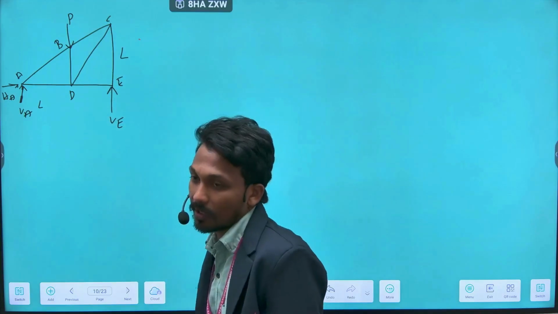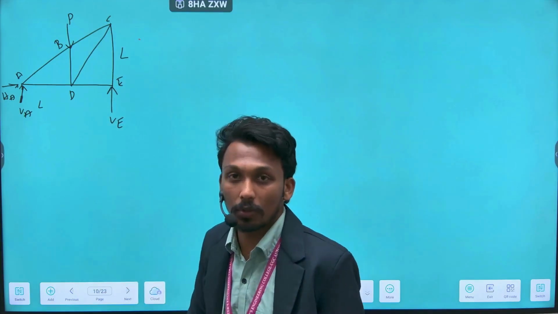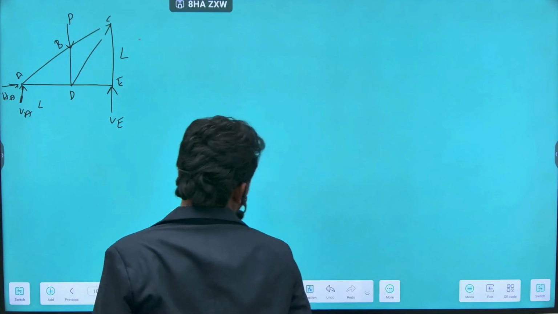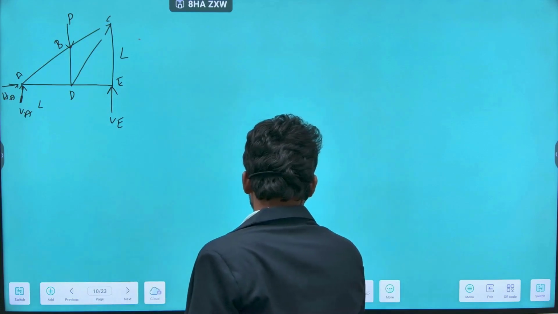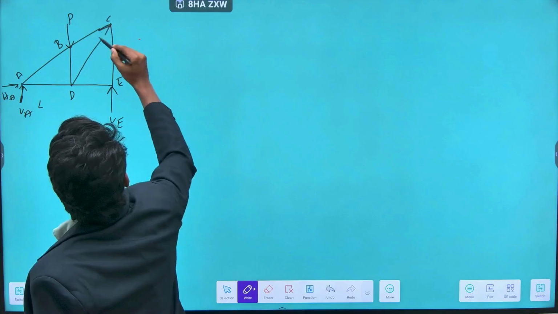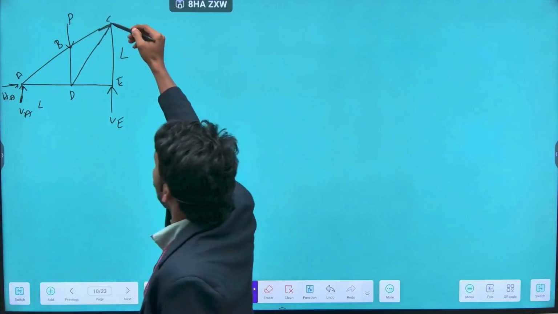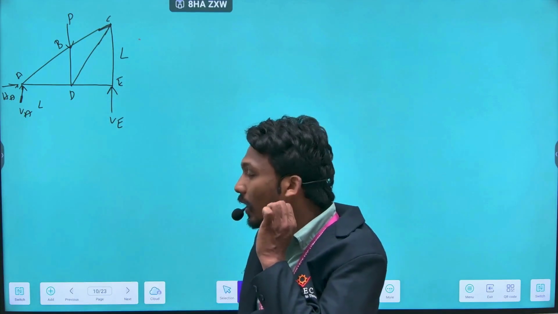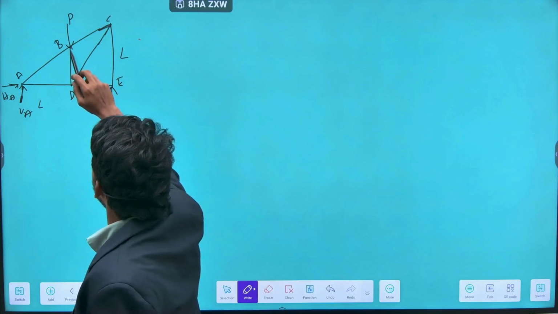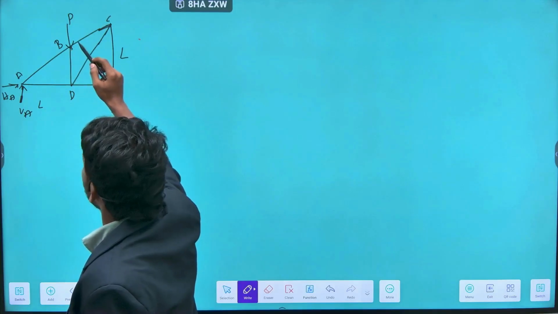Three unknown forces are present, so we will not be able to analyze. Again, if we see here, there are three unknown forces at this joint also, so we'll not be able to calculate the member forces. Here again, three unknown forces.